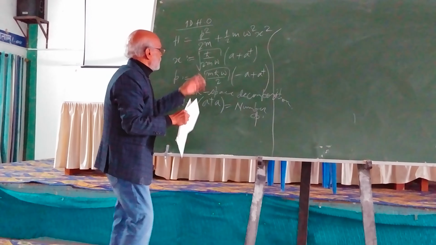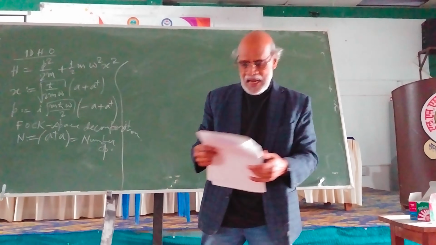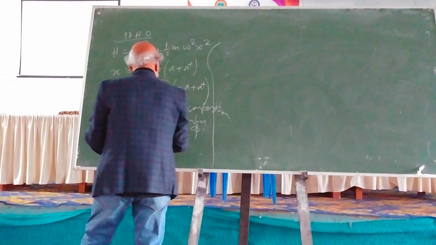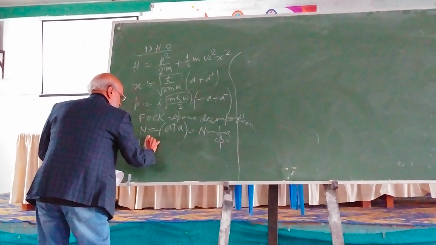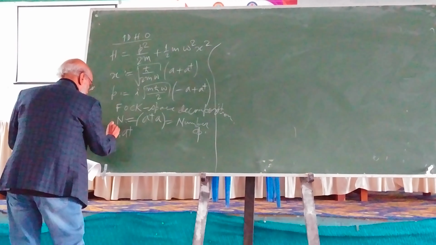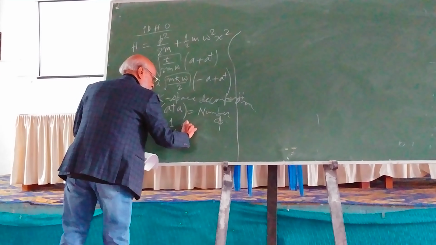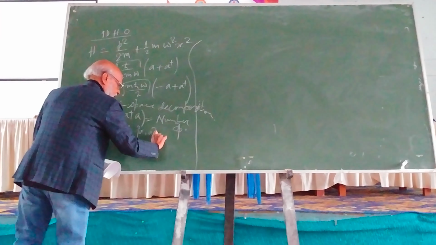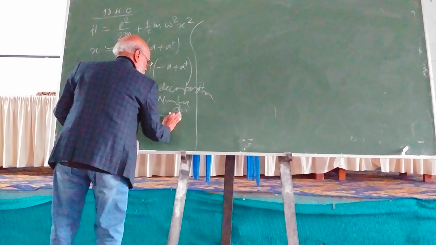So all these objects that are involved here, A and A dagger, are all bosonic. And one can in fact prove that the commutator of A and A dagger is 1, A with A is 0, and A dagger with A dagger is also 0.